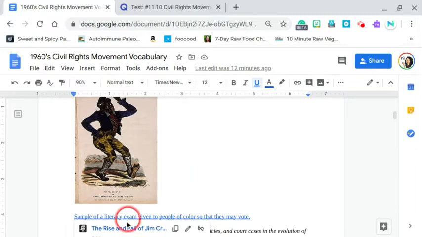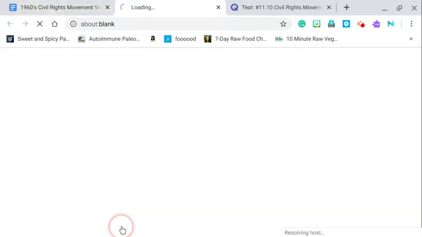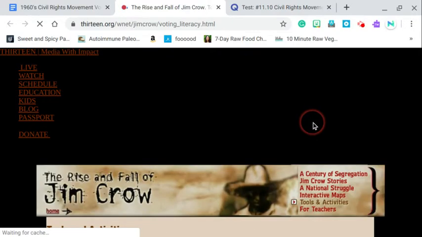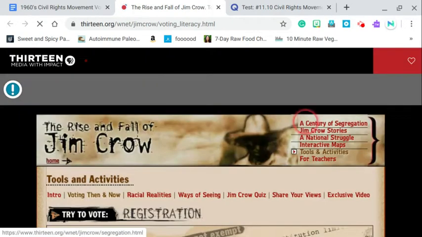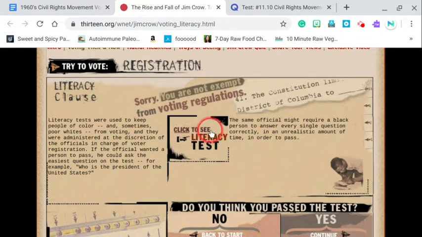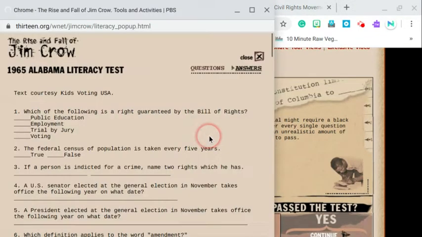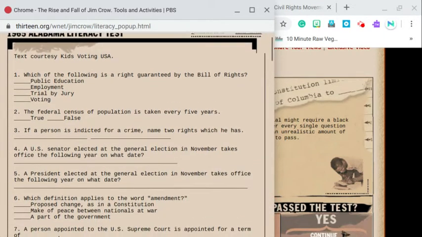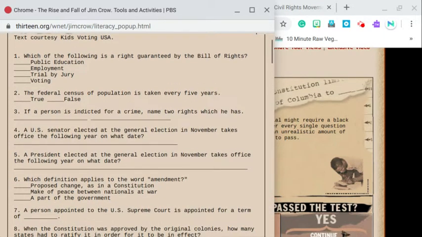And this was interesting. Another way to limit African Americans from voting, I put the link here. When minorities would go to vote, they had to take a literacy test. And this is an example of the literacy test. And keep in mind, in the 1860s, most people didn't go to school.